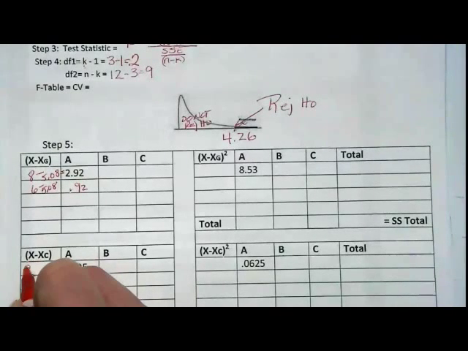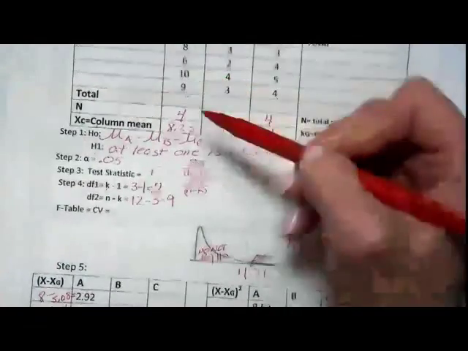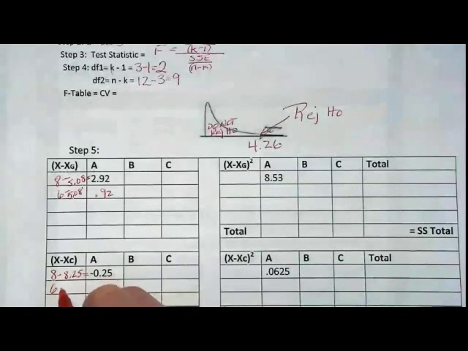This came from 8 minus 8.25. The next data point will be 6 minus 8.25, and I got a negative 2.25.